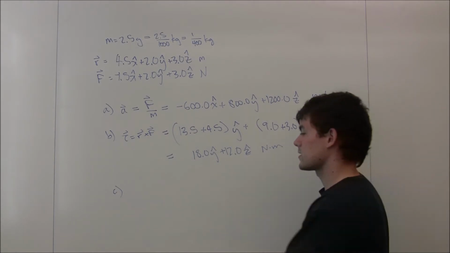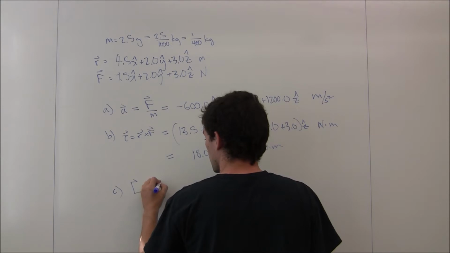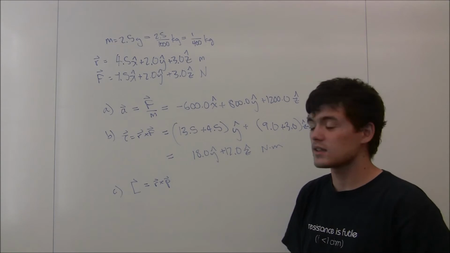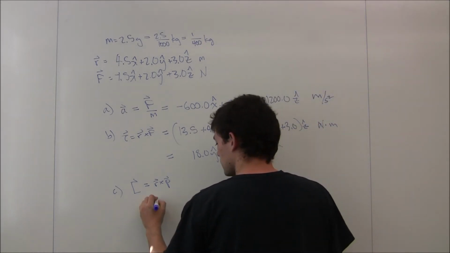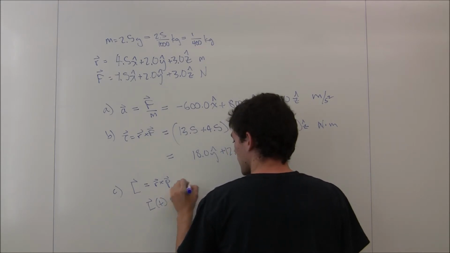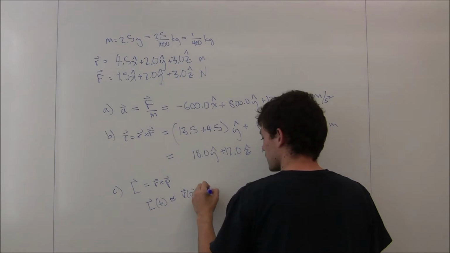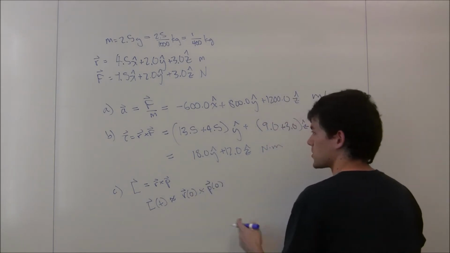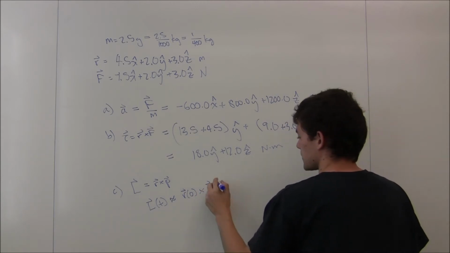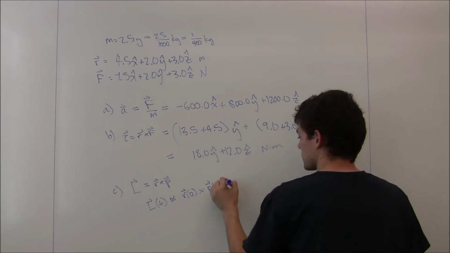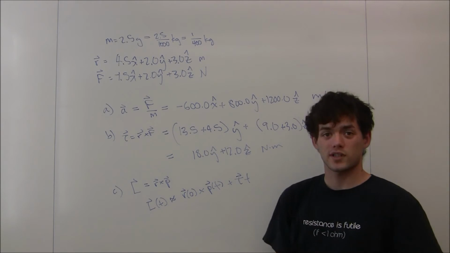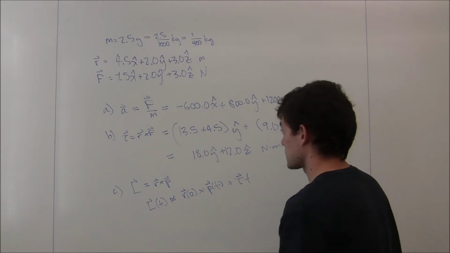And so what that means is that since L is equal to r cross p, and torque is dL/dt, L of t is going to be approximately r of 0, because remember r has not changed appreciably, cross p of 0, which is simply m times v, cross p of t, plus torque times t, because if r and F are not changing appreciably, torque is not changing appreciably, so we can simply treat torque as a constant.